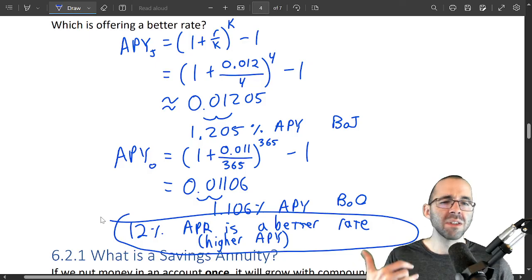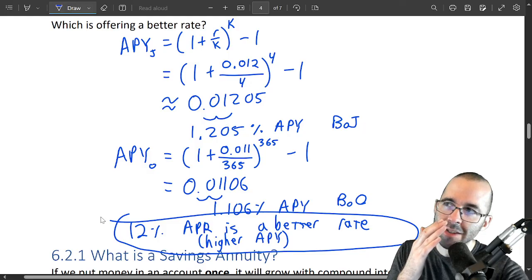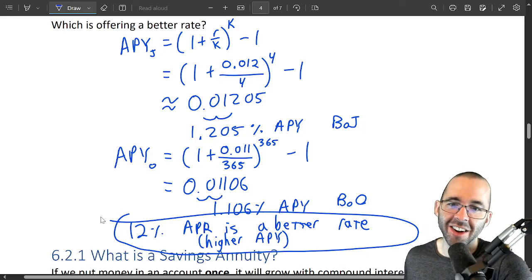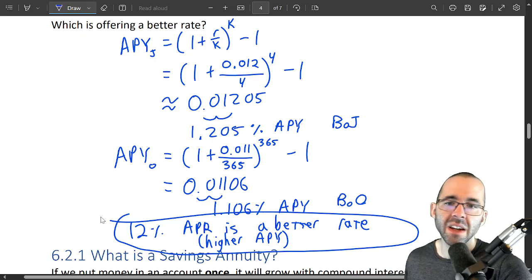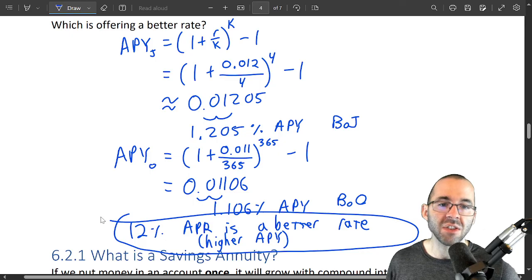That's how much percent your investment is actually growing in a year, or how much percent your debt is growing every year if it's like a credit card. APY incorporates the compounding, whereas APR has to be paired with the compounding. In general, APY gives you a better picture of how something would actually grow in a year.